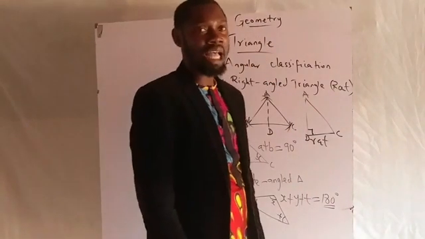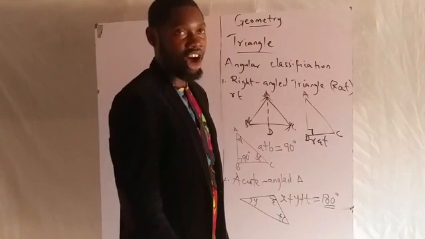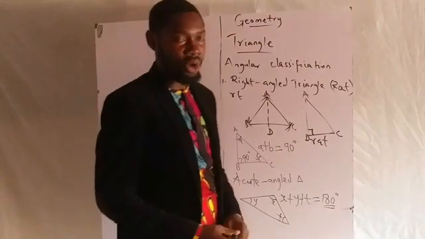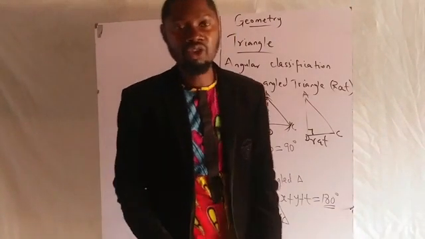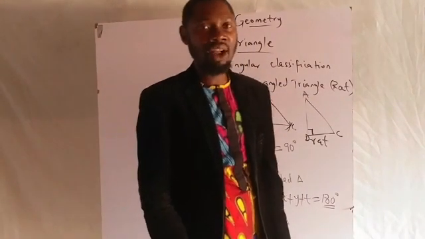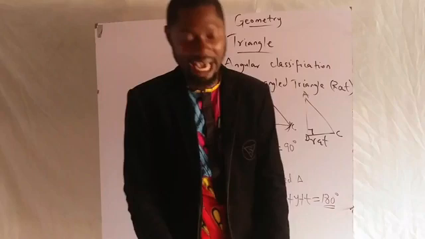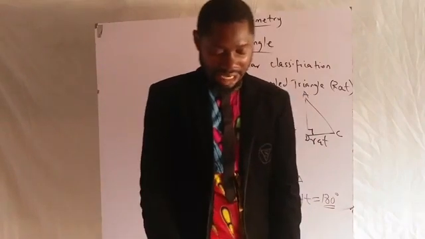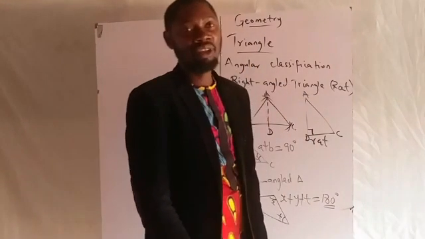Then the obtuse angle. The obtuse angled triangle is a kind of triangle that has one of its angles greater than 90 degrees.